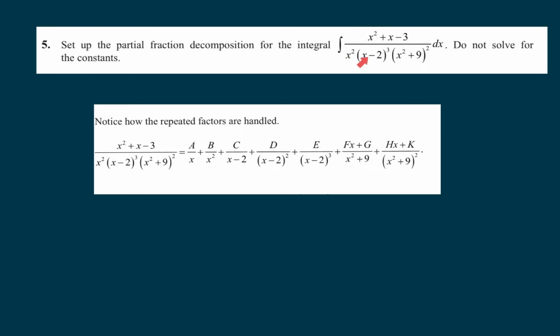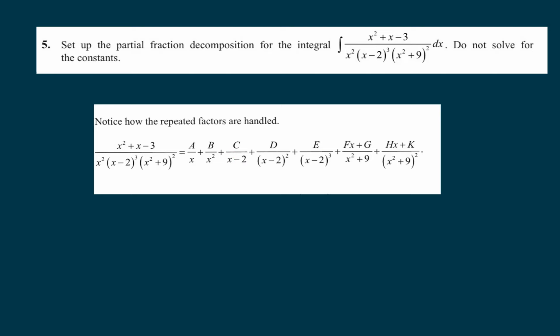Okay, this is a linear term, but it's repeated 3 times. So it will be C divided by x minus 2, D divided by x minus 2 squared, and E divided by x minus 2 cubed. When the linear term is repeated three times, cubed, you need to add 3 terms like this one.